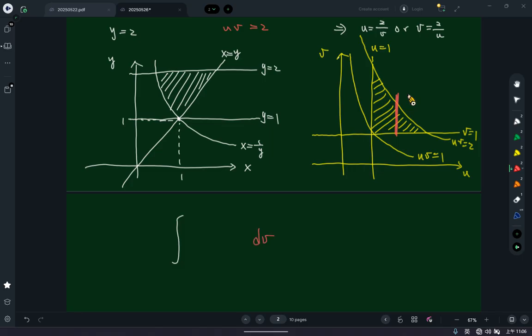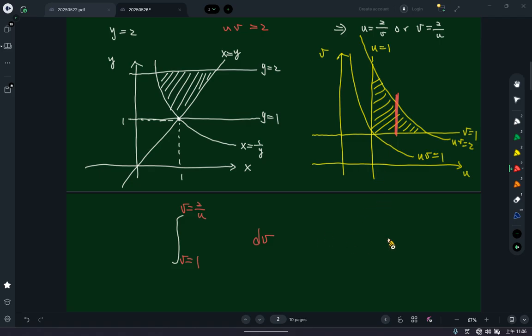Then v we have from 1 to v is equal to 2 over u, right? If I follow this one.